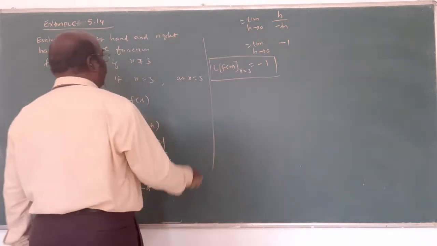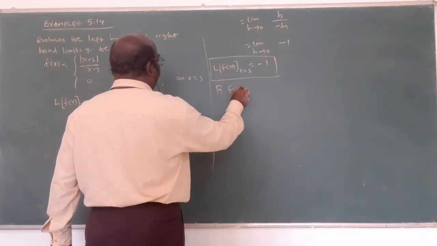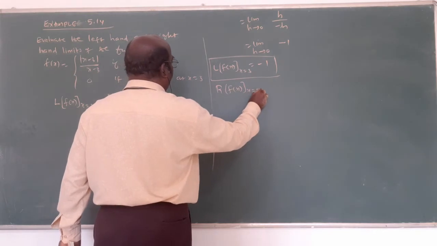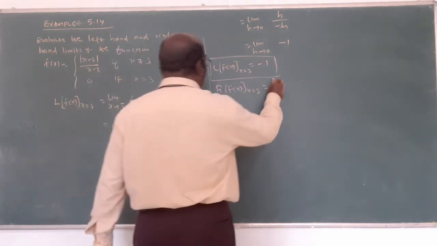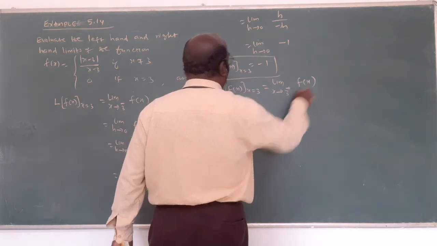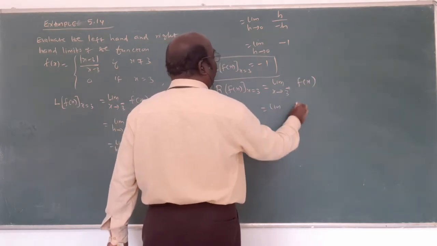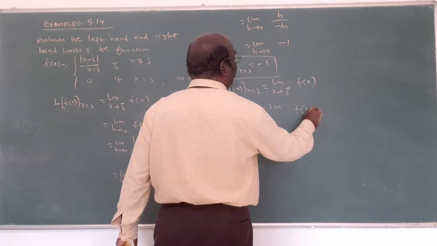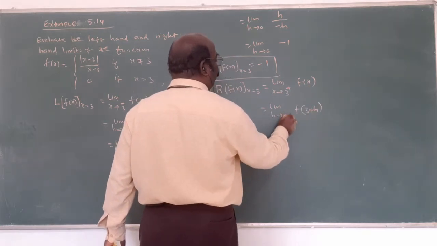Similarly, the right hand limit of f of x at x equal to 3 is limit x tends to 3 plus of f of x. Replace x by 3 plus h, where h tends to 0.